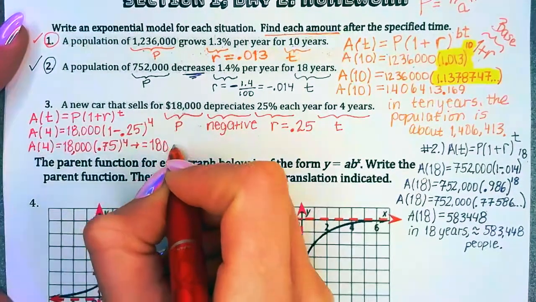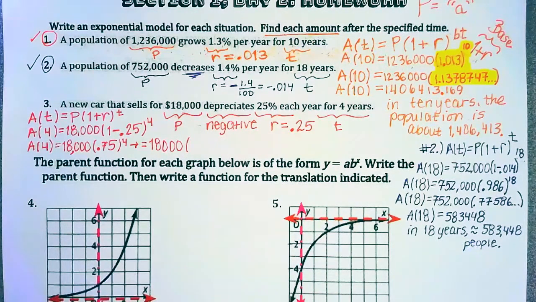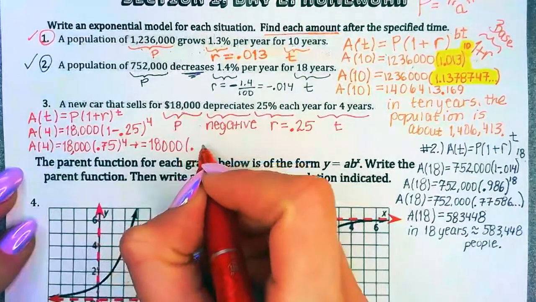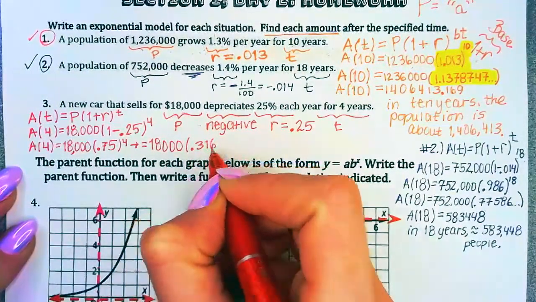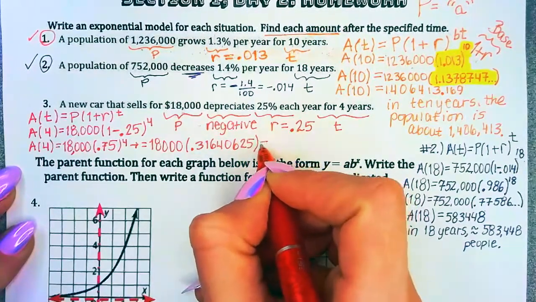The base of my exponential function will be 0.75. 0.75 raised to the 4th power will be 0.31640625. For a third time, I'll leave that number right on my calculator screen and immediately multiply it by 18,000. After doing that, I got a value of 5,695.3125.